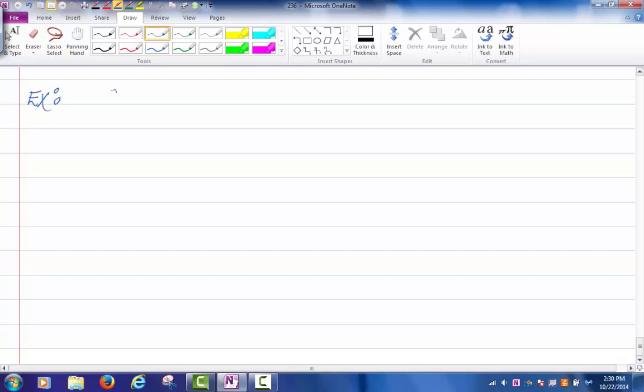So here's a function f, which is x to the 2/3 multiplied by 6 minus x to the 1/3. Is everybody okay?